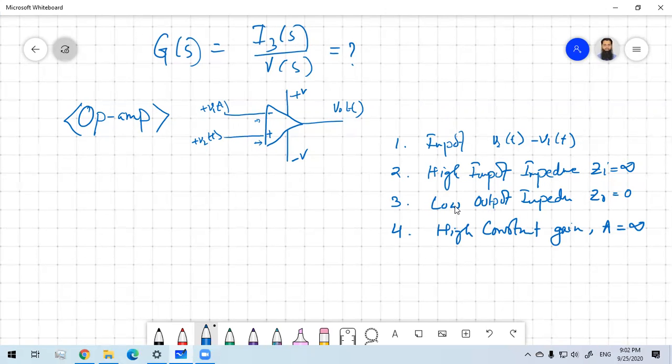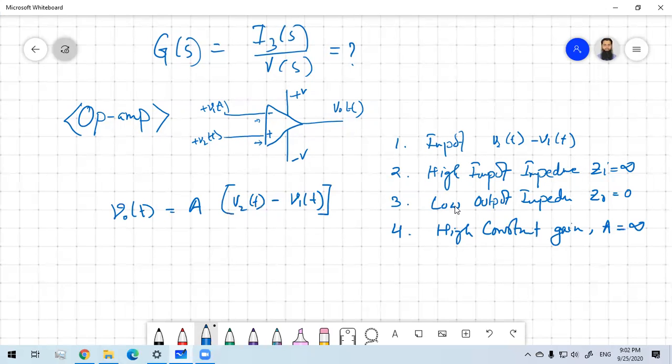These are the common properties, and based on them, the output V0(t) is A times the differential input, that is V2(t) minus V1(t). This is the ideal characteristic of the op-amp.